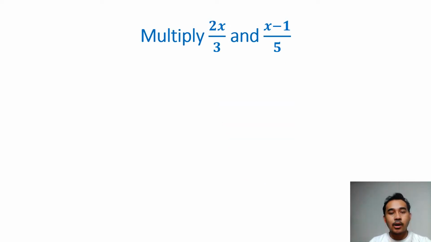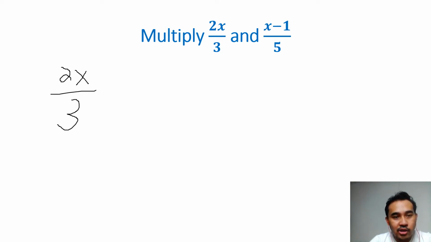Okay, let's have another example. Multiply 2x over 3 and x minus 1 over 5. So you have 2x over 3. That's an algebraic fraction, and then multiply by x minus 1 over 5.